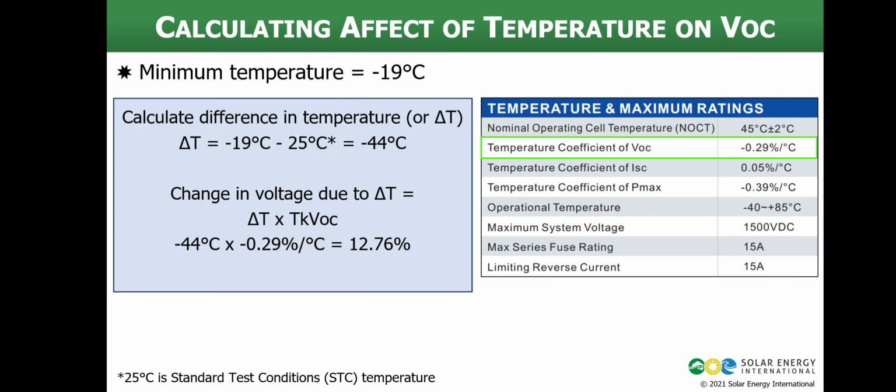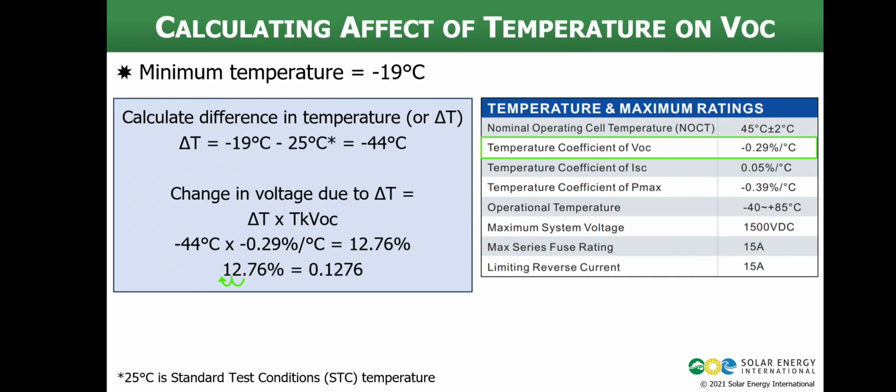So we have a positive 12.76%, which is what we want because we know as the temperature goes down, the voltage is going to increase because there's less resistance internally in the module, so the module is a little more efficient. So we can convert this 12.76% to a decimal by moving the decimal place over to the left 2 positions.